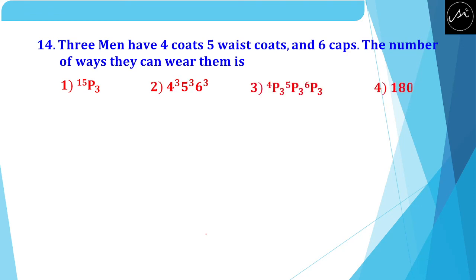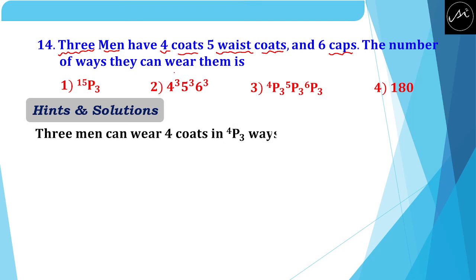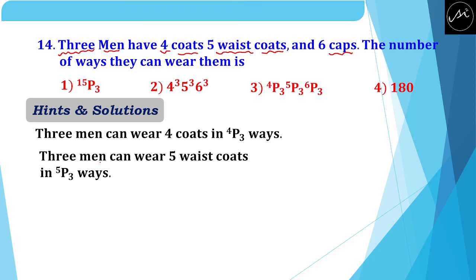Now let us go to the 14th problem: 3 men have 4 coats, 5 waistcoats, 6 caps. The number of ways they can wear them is. You can see 3 men can wear 4 coats in 4P3 ways. 3 men can wear 5 waistcoats in 5P3 ways.